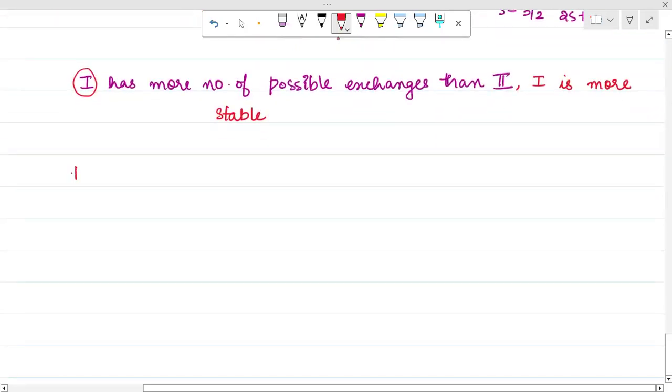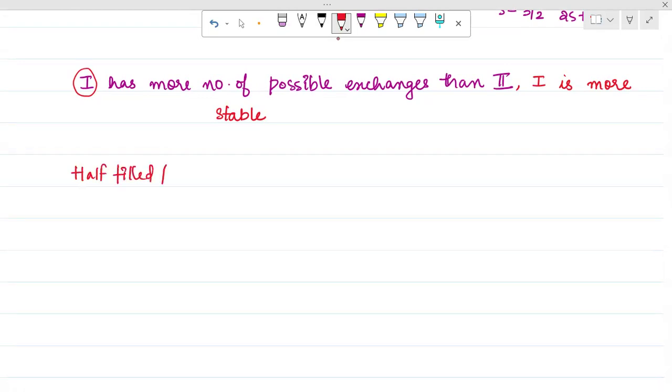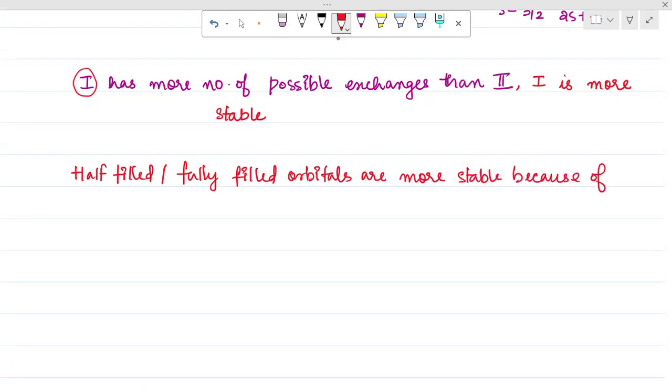This is the reason why half-filled or fully filled orbitals are more stable. Why? Because of high exchange energy. Because of very high exchange energy. Okay?